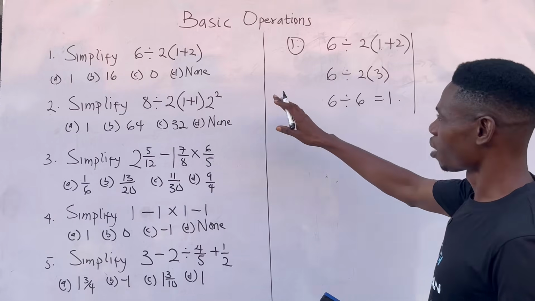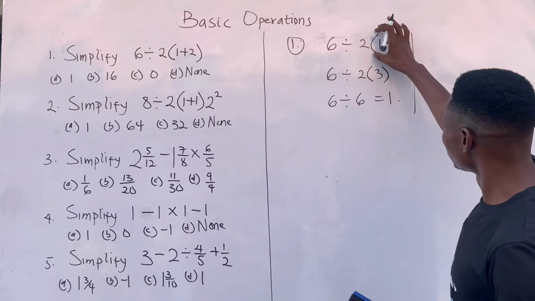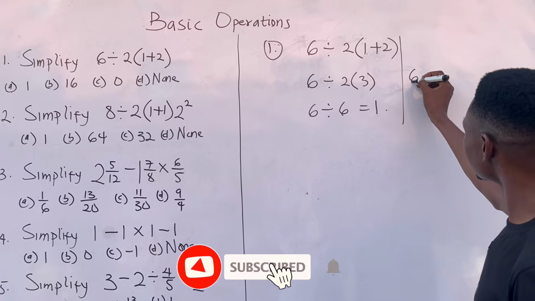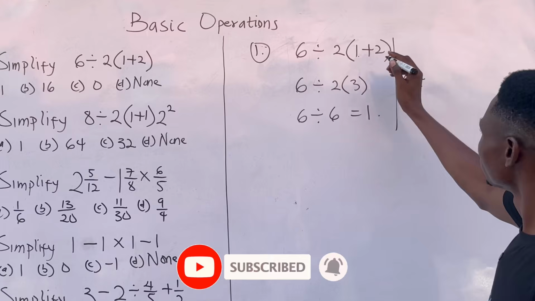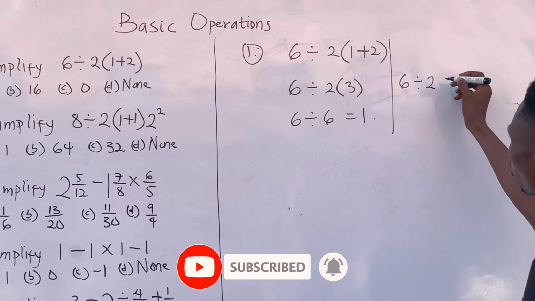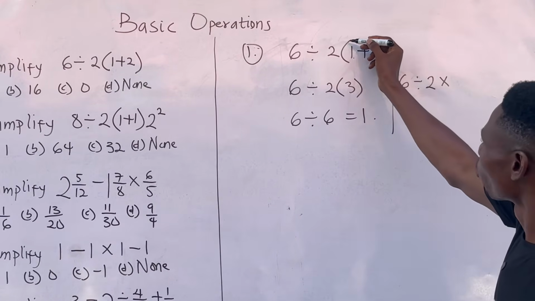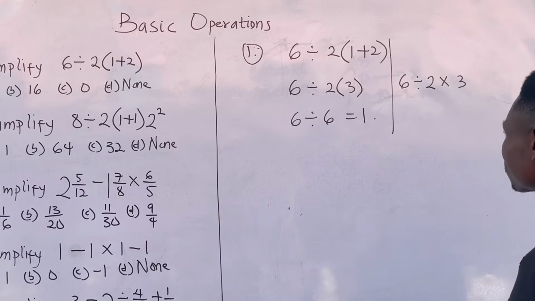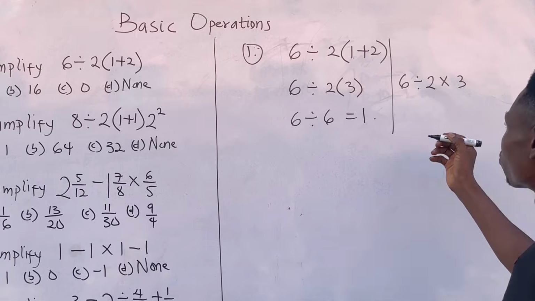Using the same BODMAS rule, from this question here, what we have is 6 divided by 2 multiplied by, let's resolve what we have in the bracket, 1 plus 2, that's 3. Remember what we said? You move from where?